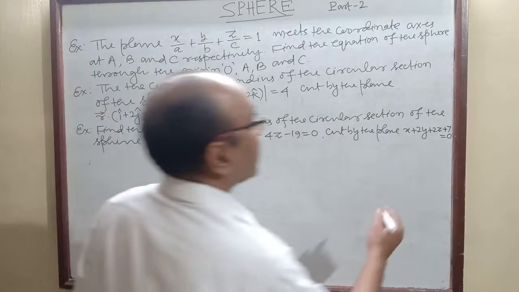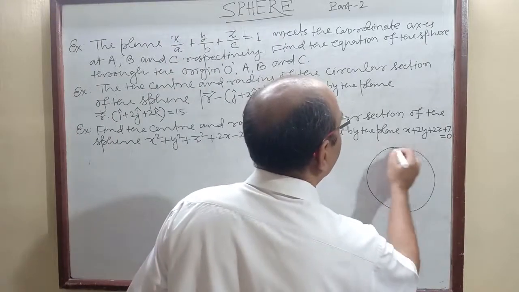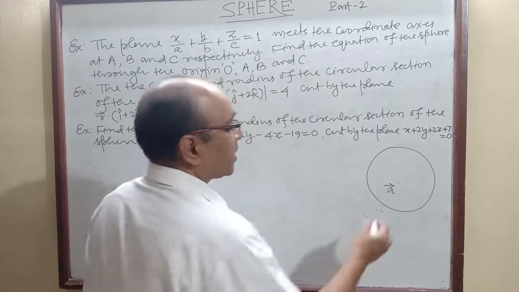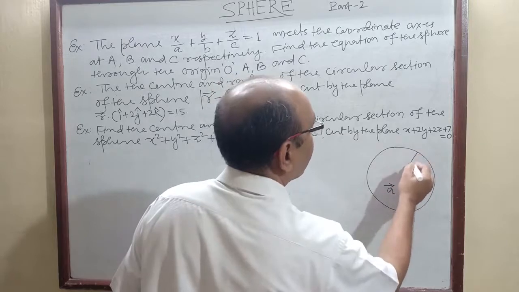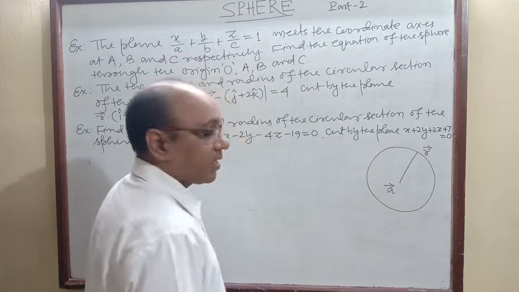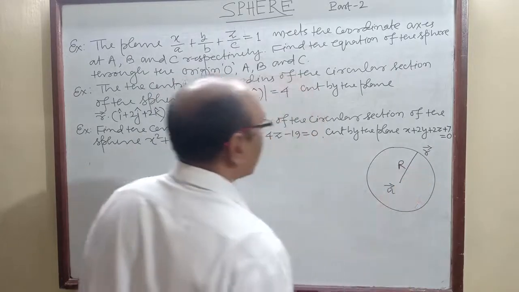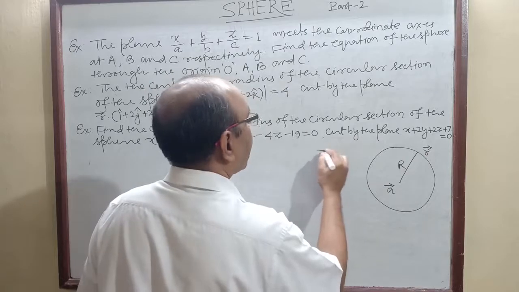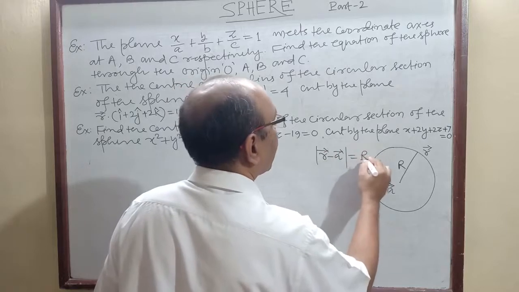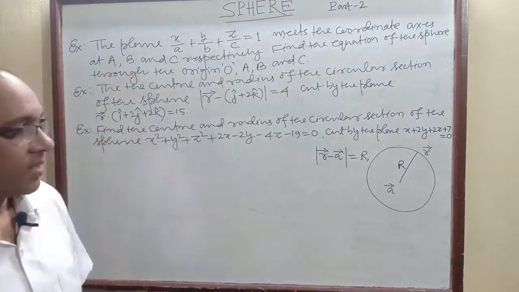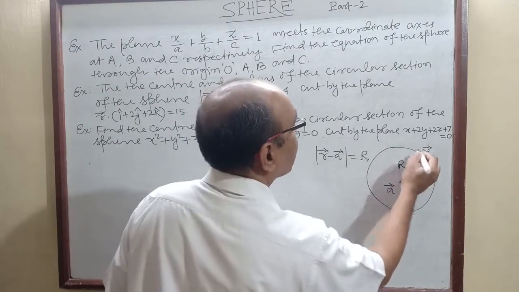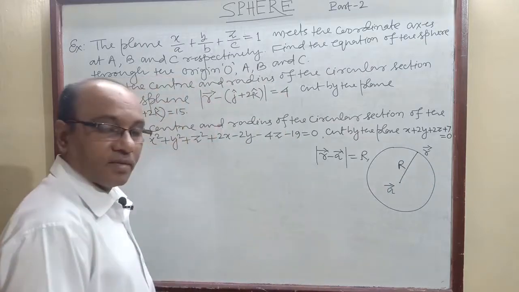In part 1 we have already discussed that if A is the position vector of the center of the sphere, and R is the position vector of any general point on the sphere and its radius is capital R, then its vector equation can be written as mod R minus A equal to capital R, where A is the position vector of its center and R is the position vector of any general point on the sphere.